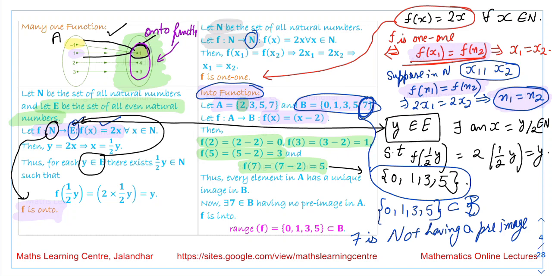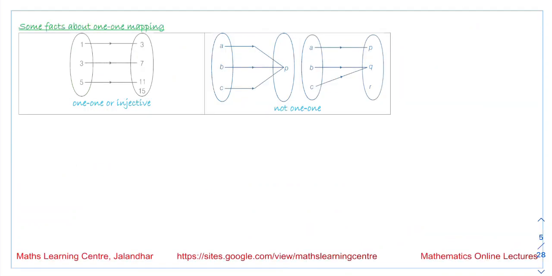Next, this figure shows some facts about 1-1 mapping. 1-1 mapping means we are talking about an injective function. Every element of this set B has a unique pre-image. This 3 has the pre-image 1, this 7 has the pre-image 3, 11 has the pre-image 5.